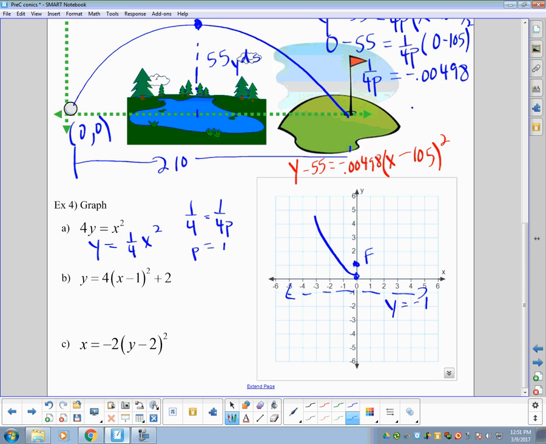Maybe you could be more accurate, but all we really care about is which way does it open, because that makes a difference in terms of our mathematical modeling. Also, it makes a difference to know if it's a function or not. Is it a sideways or is it an up-down parabola? So there's a quick sketch of an up-down parabola.